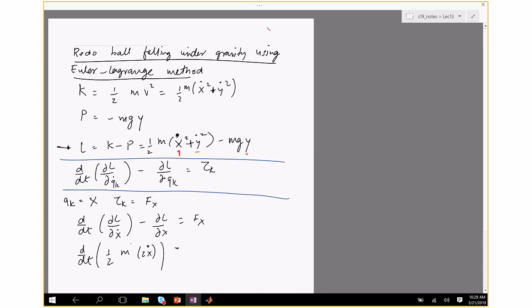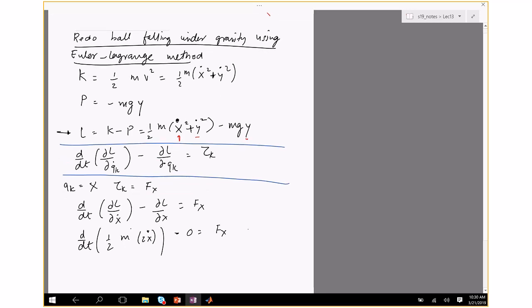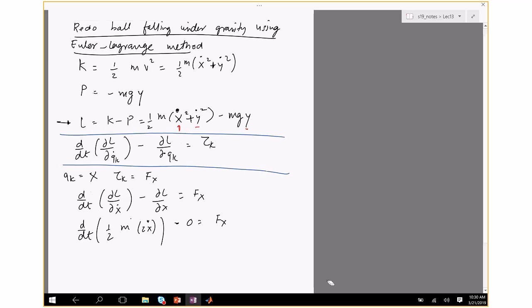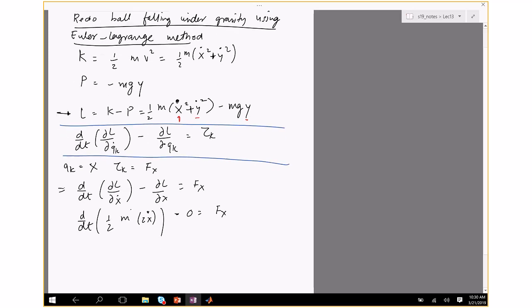Minus dL/dx. This is the derivative of L with respect to x, but there is no x showing up in the equation for L. So this term is 0 equals Fx. And the final step is, well, the 2 and 2 cancel.